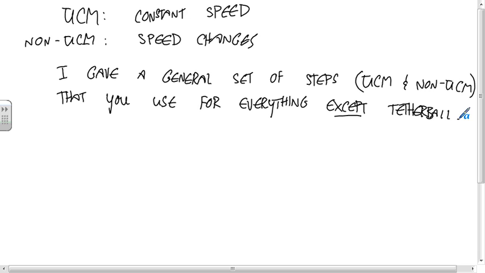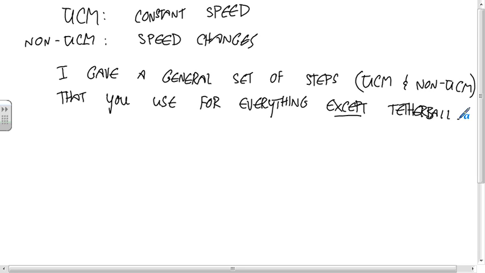And tetherball doesn't necessarily mean a tetherball. It means an object, a mass, swinging around on some kind of cable, and the only connection is that cable.